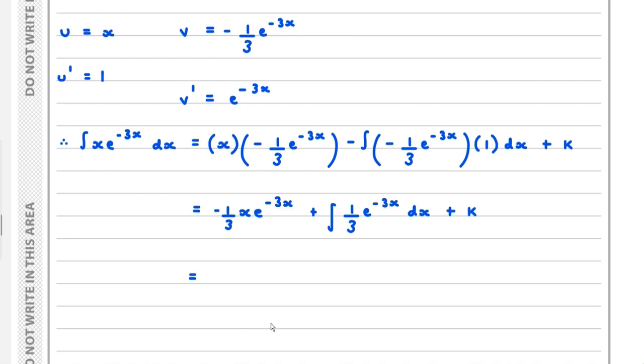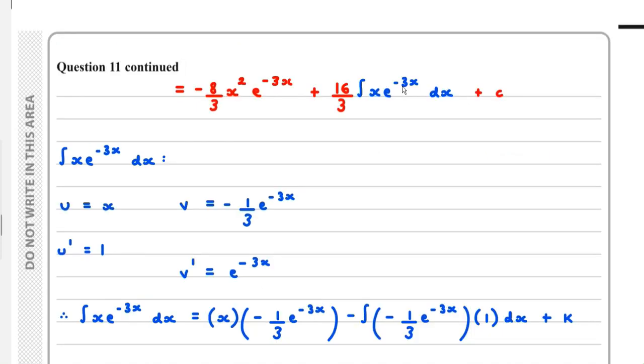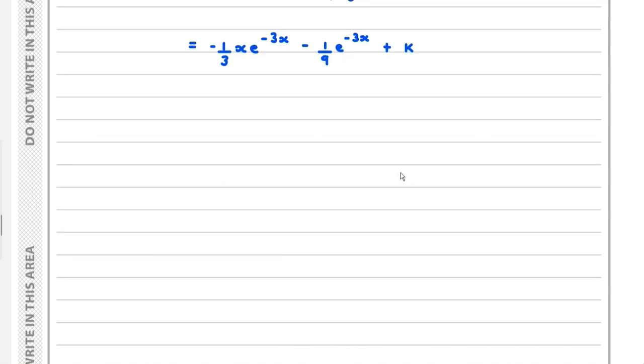So we have negative 1/3 x e to the negative 3x, and then integrating a third e to the negative 3x with respect to x, we end up with negative 1/9 e to the negative 3x plus a constant of integration k. Now that we know what this result is in blue, we can therefore work out the integral of 8x squared e to the negative 3x with respect to x.